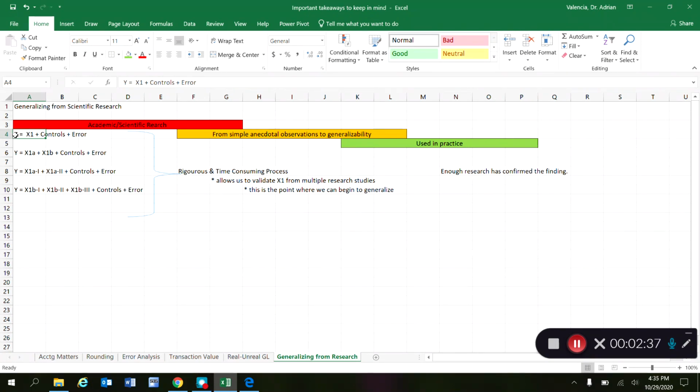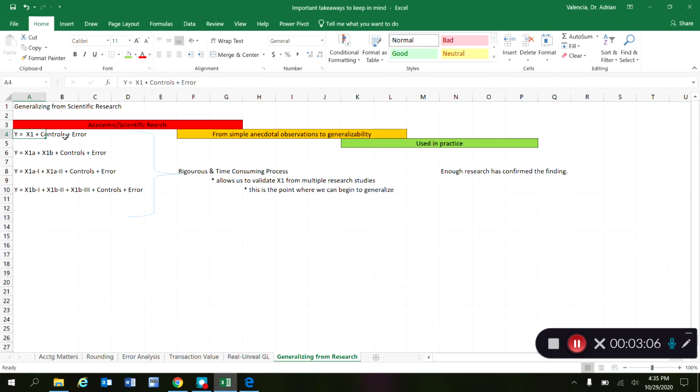If I'm a researcher, I might come up with a hypothesis of something that we don't know yet that affects audit quality. It could be some new rule or mandate that is being proposed. I come up with this hypothesis based on analyzing literature, based on theory, and then I test it.